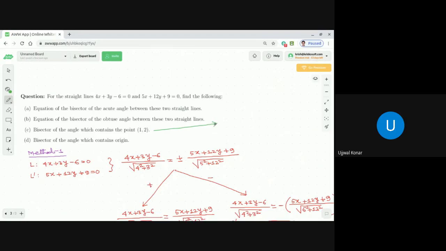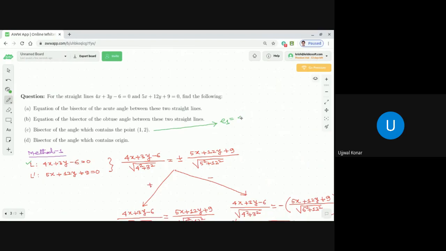For that, we need to find the value of the expression E1, which we can get from here: 4x plus 3y minus 6. In that we apply x equal to 1 and y equal to 2.